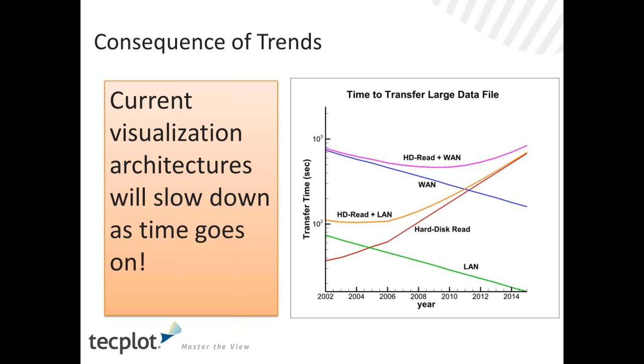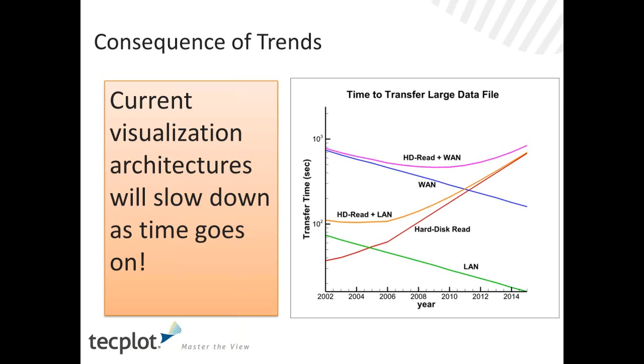And so what you see here in this plot is three things. If you look at the green line, for instance, on the bottom, the time it takes to actually transfer the data over the network is actually reducing, because remember the data is growing with Moore's law, doubling every 18 months.